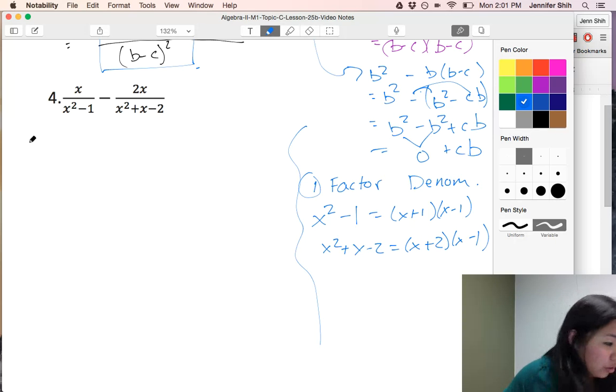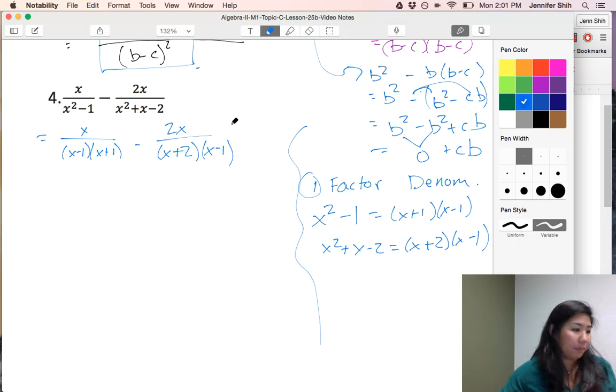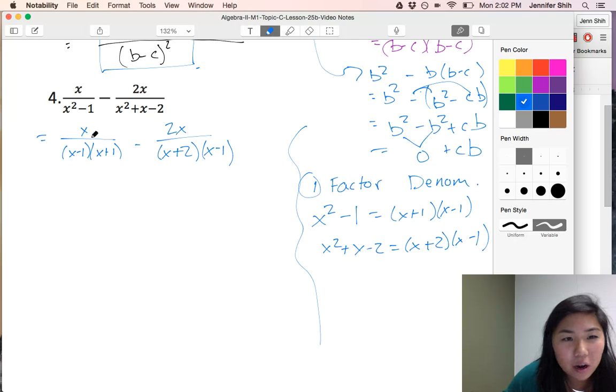Great, so I'm going to rewrite it as x minus 1, x plus 1 minus 2x over x plus 1, 2x, x plus 2, x minus 1. Okay, so I need to make a common denominator. They both have a factor of x minus 1.